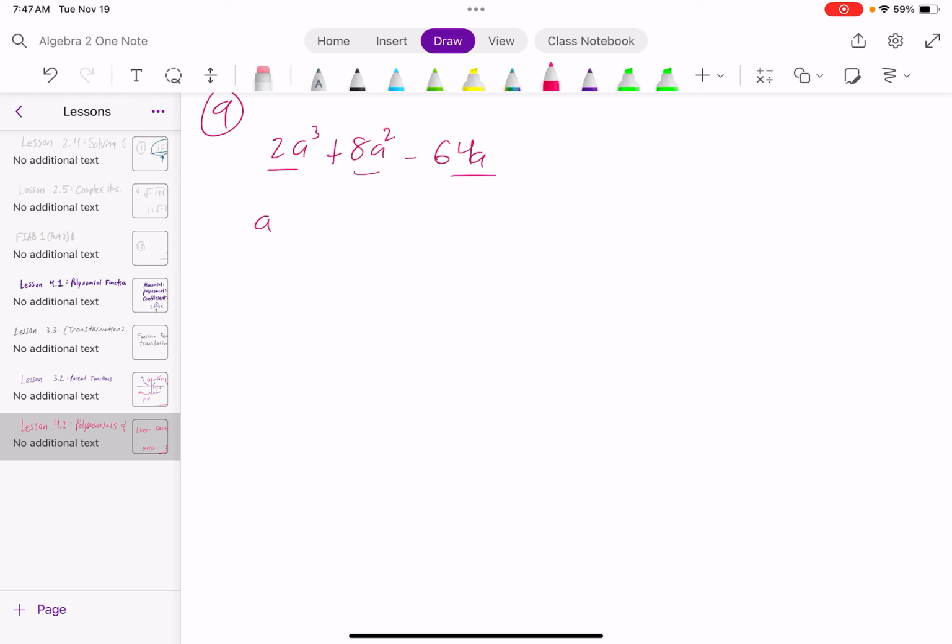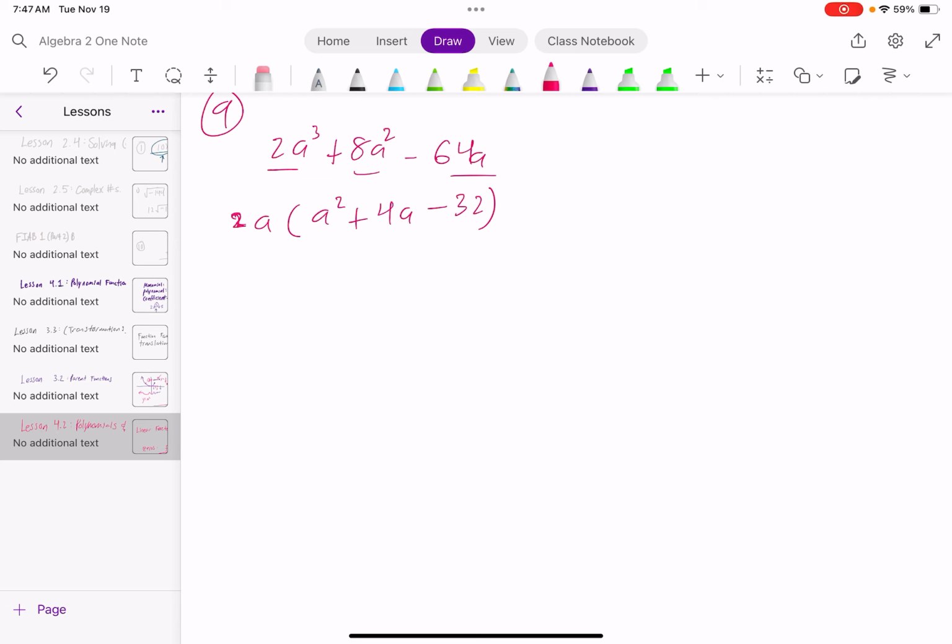You could also divide each by 2. So I'll take out a 2a, left with 2a cubed over 2a is a squared, plus 8a squared over 2a is 4a, minus 64a over 2a is 32. And then this is easy peasy.